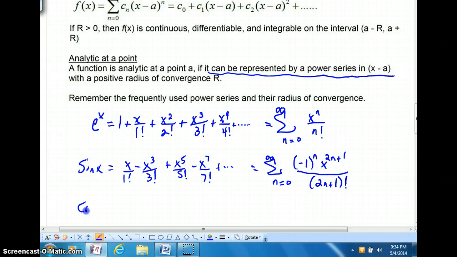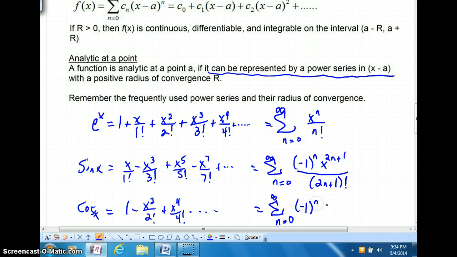And then for cosine of x, one final very important Maclaurin series that we need to remember. We have 1 minus x squared over 2 factorial plus x to the 4th over 4 factorial. And a nice way to remember this is that cosine is even. So this will become negative 1 to the n.